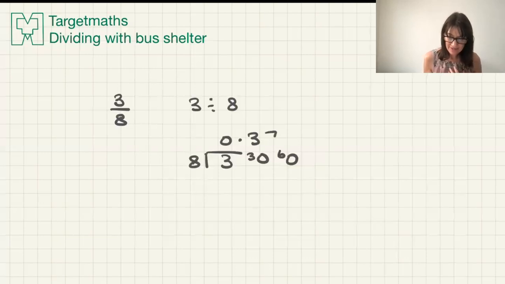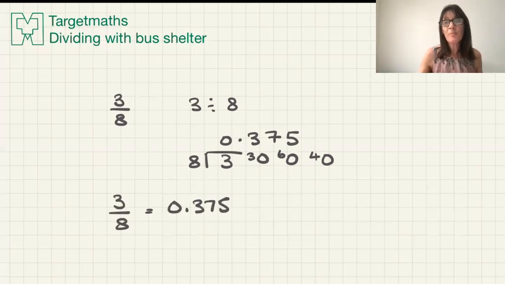So that is 7. 8 7s are 56, so I've got 4 left over, put down a 0, and you keep going until you finally finish. This is going to finish for us on this last one. 8s into 40, go 5, exactly. So 3/8 is the same as 0.375, and little old bus shelter did all the work for me.